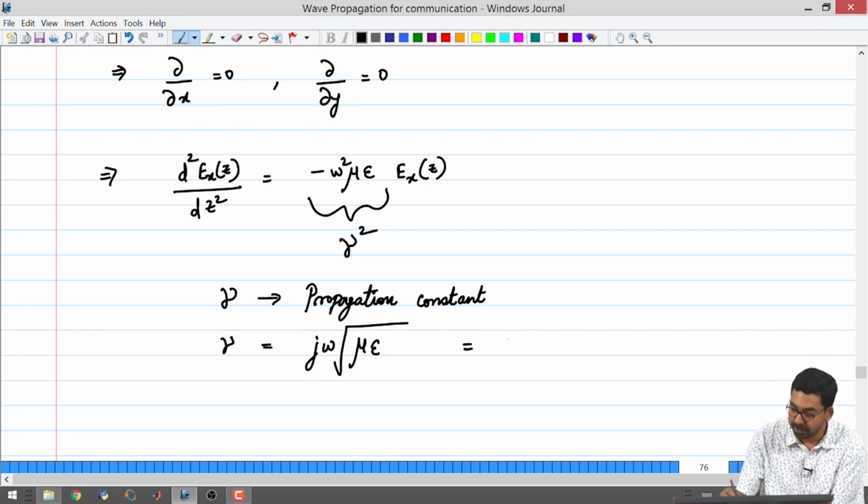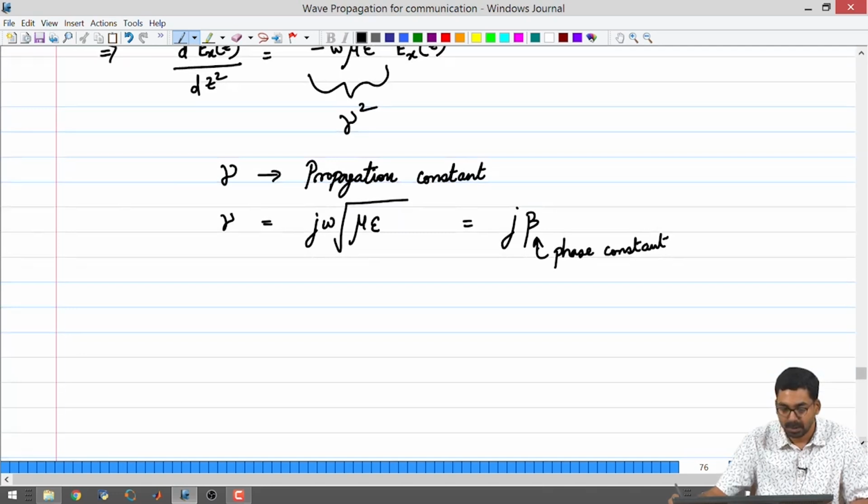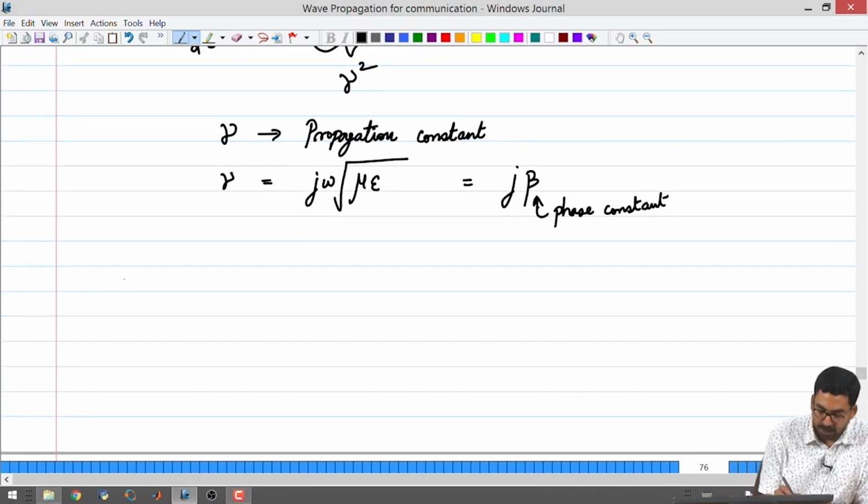Equivalently, we can say that this has j beta, where this is the phase constant. So, there is really a one-to-one correspondence, not much is changing other than changing variables with respect to transmission lines. Having written this, it is an easy way to write down the solution.